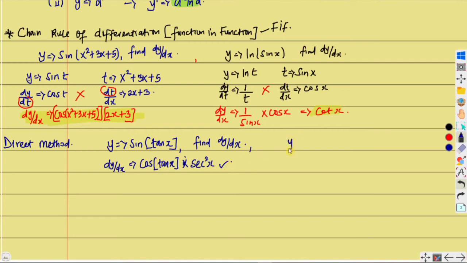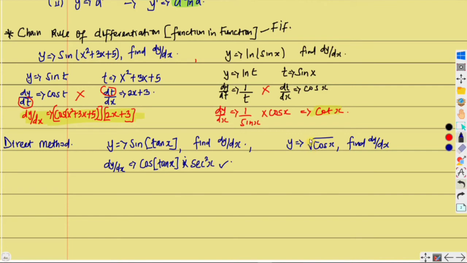Let's say y is equal to square root of cos x. The question is find dy/dx, which is also called y prime, or f prime of x. Now, doing this one directly, the logic is to remember what I have inside the function.